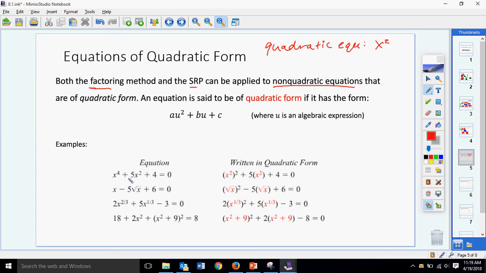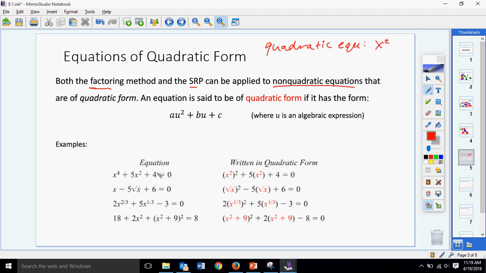It says x to the fourth plus 5x squared plus 4. So it's definitely not a quadratic equation because the highest power here is x to the fourth. Well, we can write it in quadratic form. Remember, this is the form that we want to get it in: a number times an expression squared plus a number times that same expression plus another number.